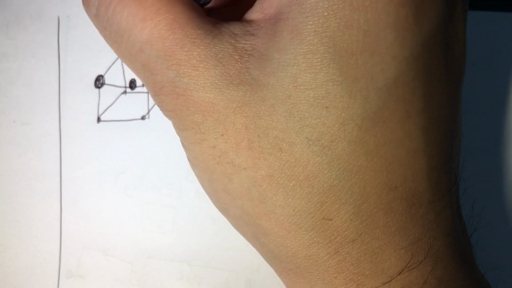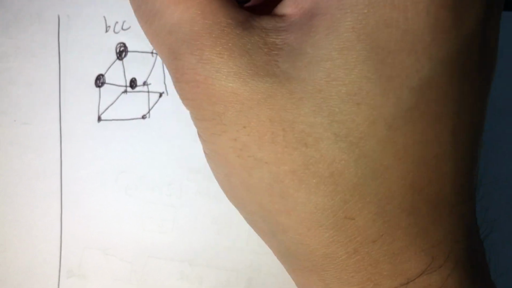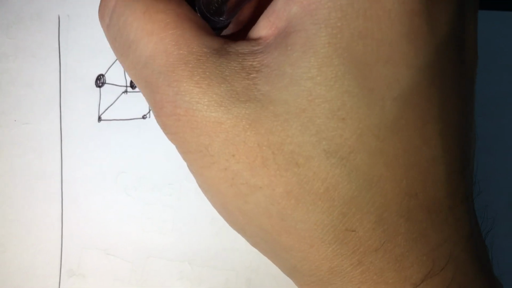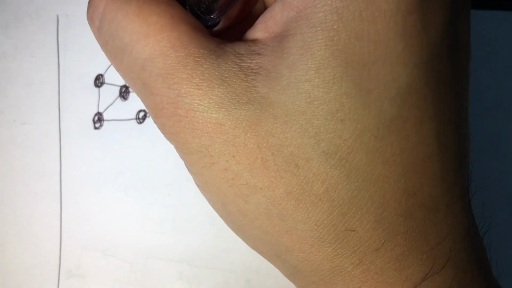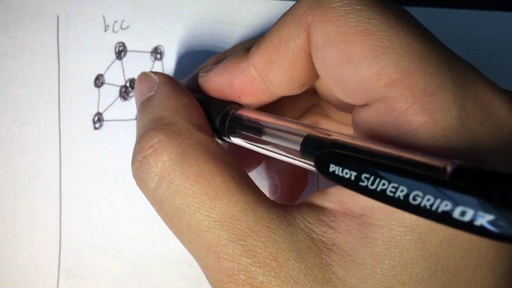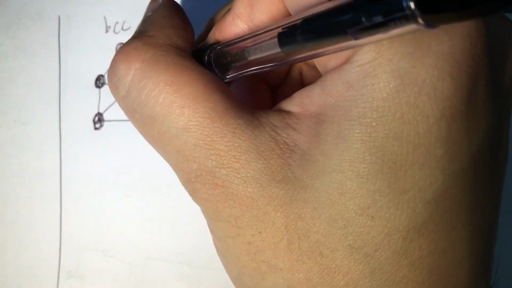So you have, let's say, a lattice cell here with one atom at each corner, and then one atom in the center right here.